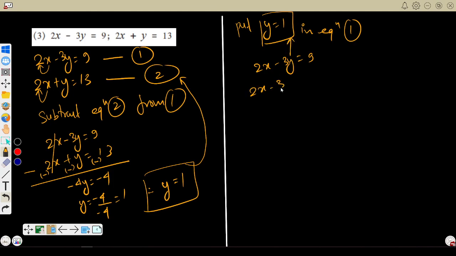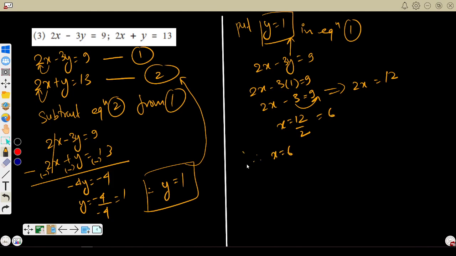So this will be 2x minus 3 into 1 is equal to 9. So 2x minus 3 is equal to 9, which means 2x is equal to 9, and we shift the minus 3 to the other side. So 9 plus 3 will be 12. So therefore x is equal to 12 divided by 2, that is 6. Therefore x value turns out to be 6.